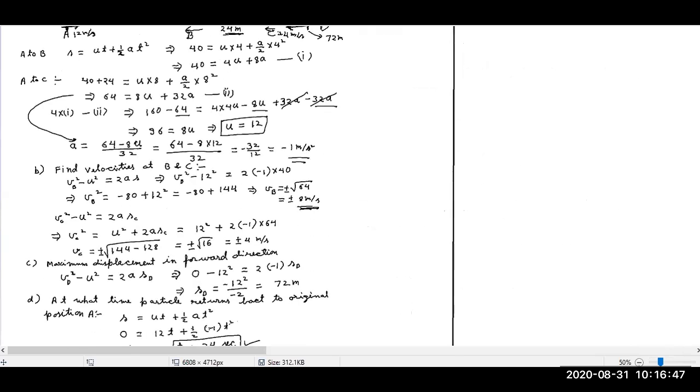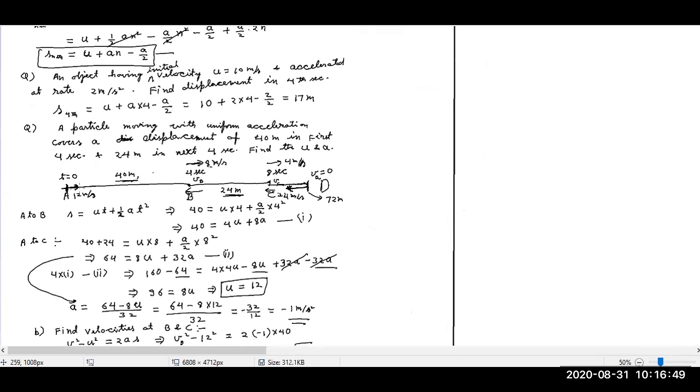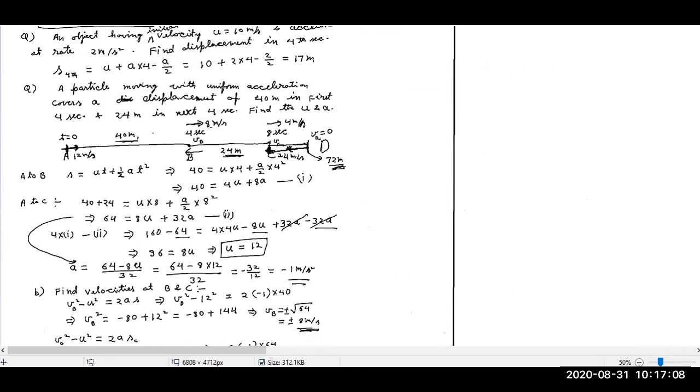That is, if the particle is going forward and then returning back, from A to D it has covered a displacement of 72 or distance of 72. And then after this time, if it returns back to suppose this point, we are getting the displacement is 64.